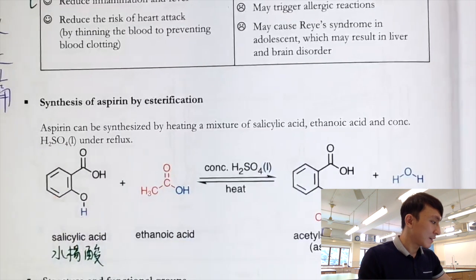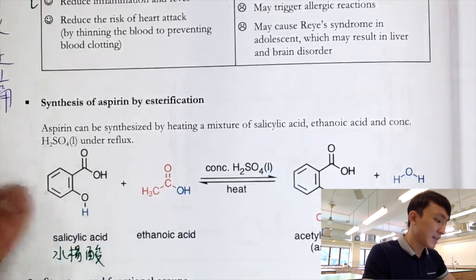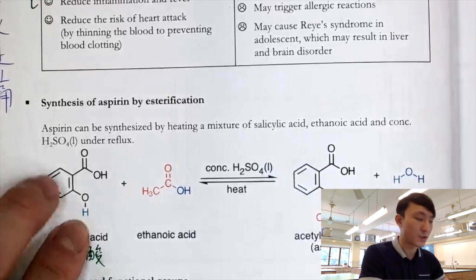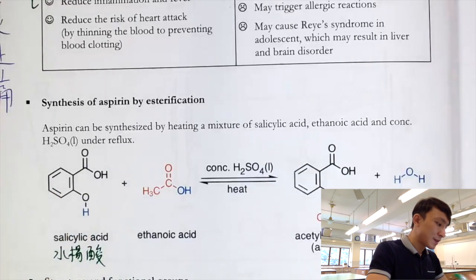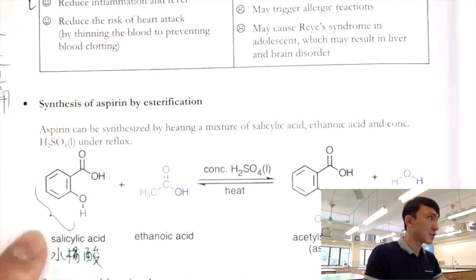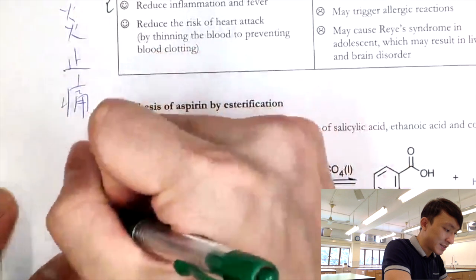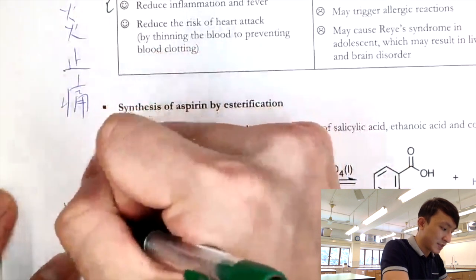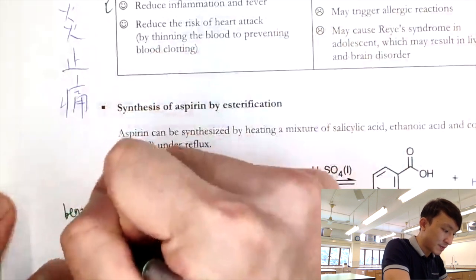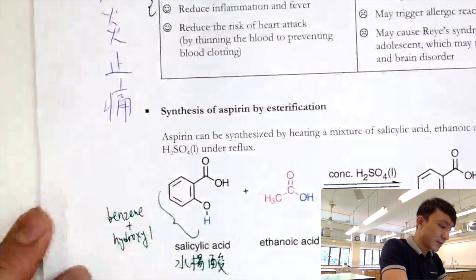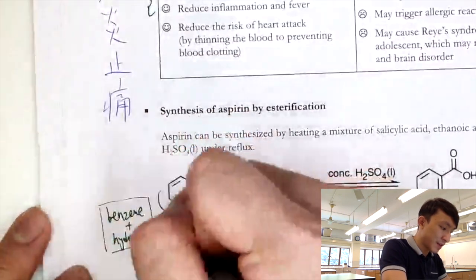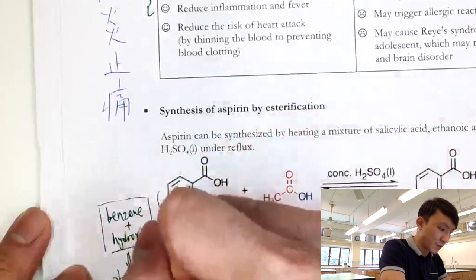With benzene and a hydroxyl group, we call it a phenol group. So you can jot down here: benzene together with the hydroxyl group, the whole thing can be described as a phenol group.